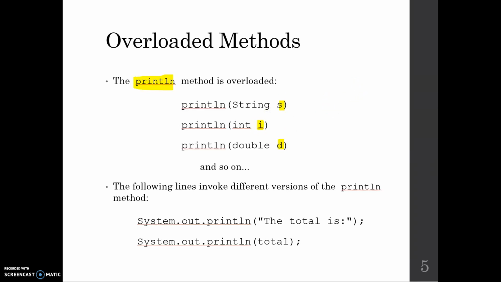So this makes it a very seamless process for the person using the method. Wouldn't it be annoying if we had to use print string, print int, print double? That would be quite frustrating. So that's why the method is overloaded, so that way we can use print or println to display anything. And when it's actually called, the different versions of the println method are called without us even having to do anything.